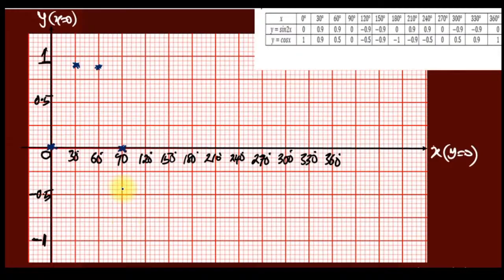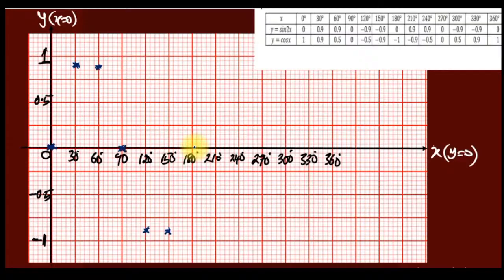So 5, 10, 15, 16, 17, 18. For 150 it is also that. For 180, 0.